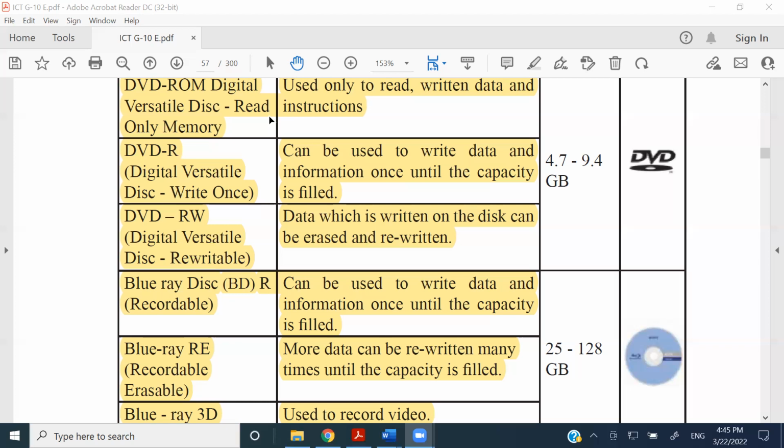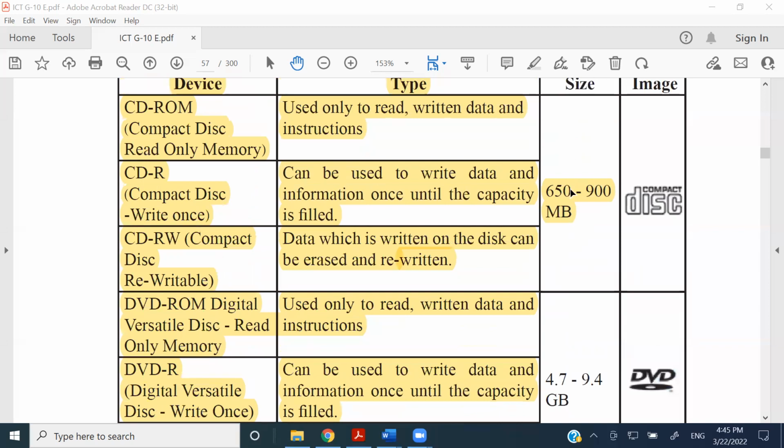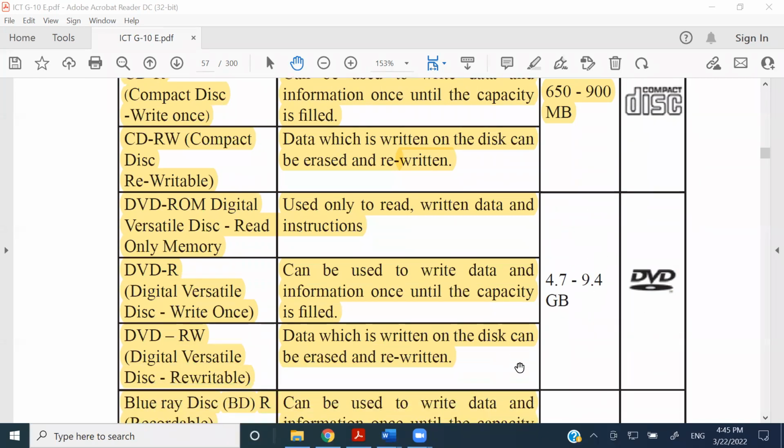There is a very interesting question, people. All these optical media, if you take the CD, DVD, and Blu-ray, all three come in the same size. But if you go through the capacities, they are quite different. If you take the CD, it has 650 to 900 MB capacity, and the DVD is like 4 to 5 times bigger when it is one-sided.